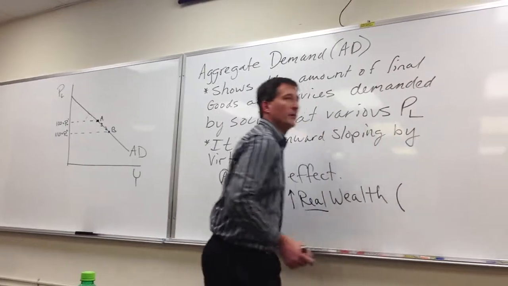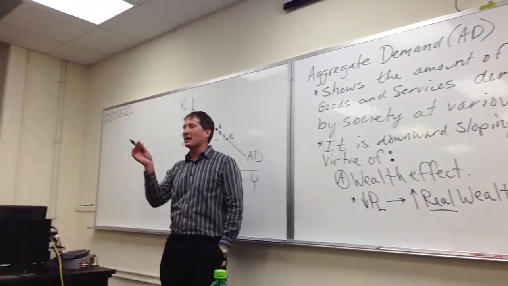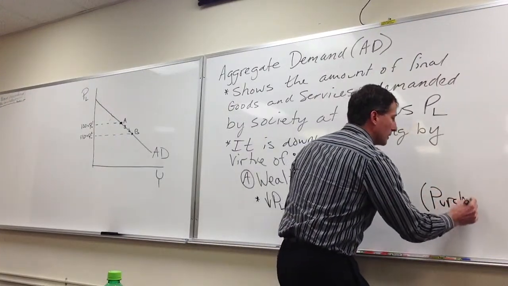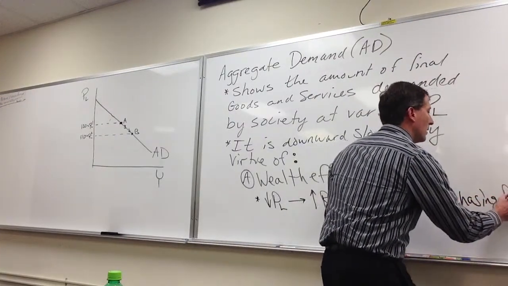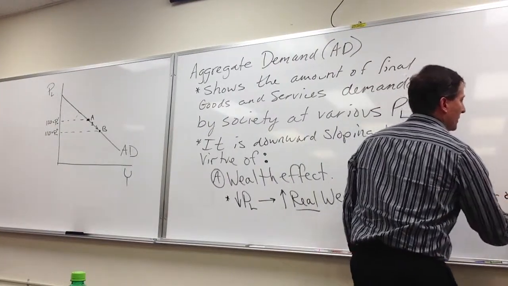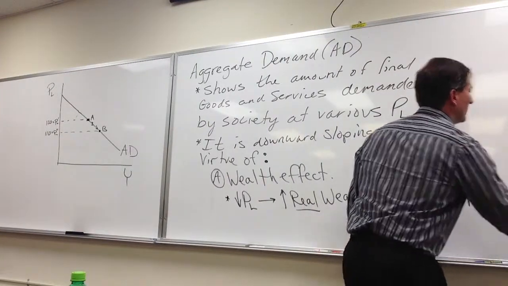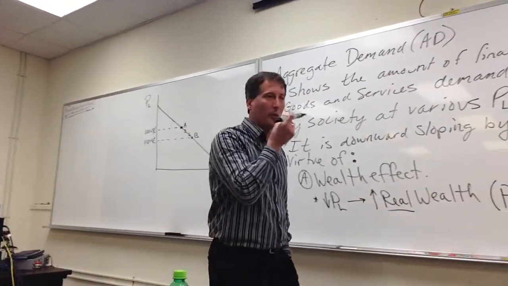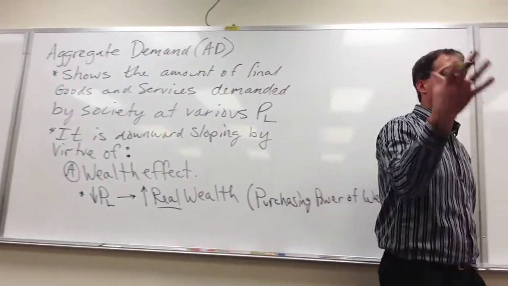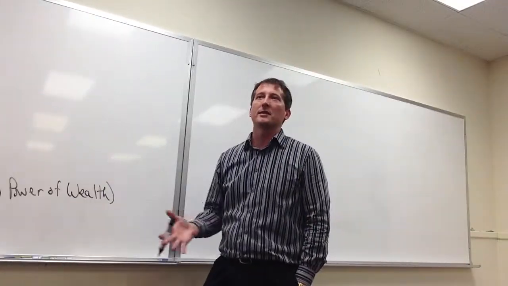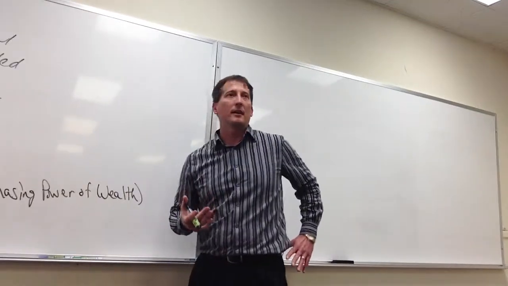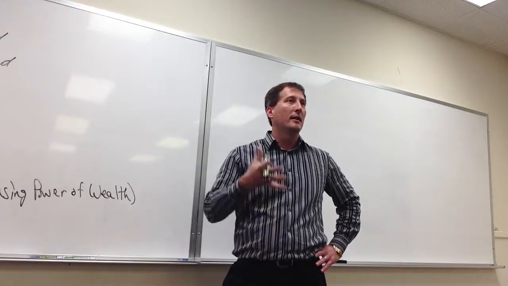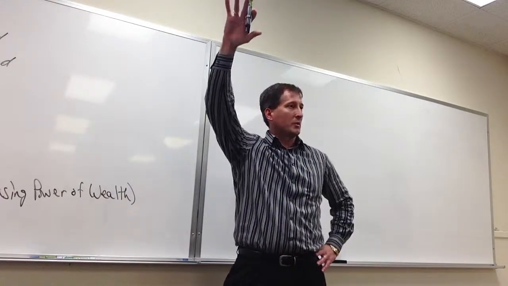And by real wealth, we always think back to purchasing power. So real wealth is the purchasing power of your wealth. I think the easiest thing from a micro concept to think about with wealth is your house. We talked about that before during the financial crisis. That had an impact on normal mom and pops around the United States. They were getting wealthier because real estate prices were going up.